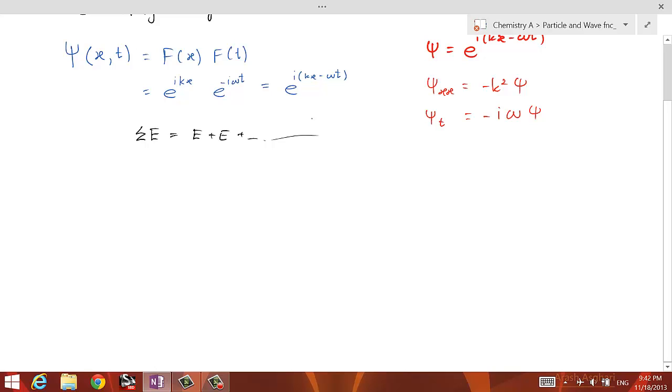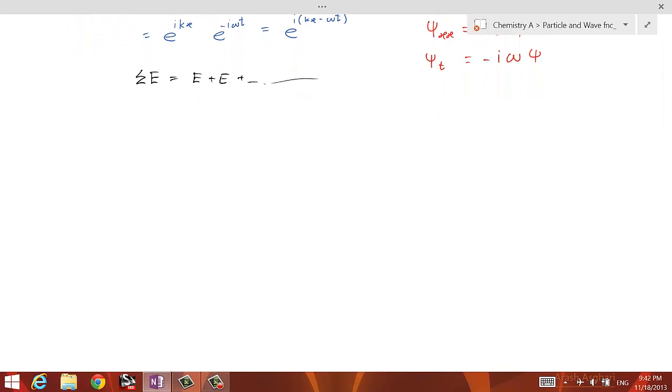But for the matter wave which we are talking about, the sum of the energy, E, equals the kinetic energy, which I call EK, and the potential energy.